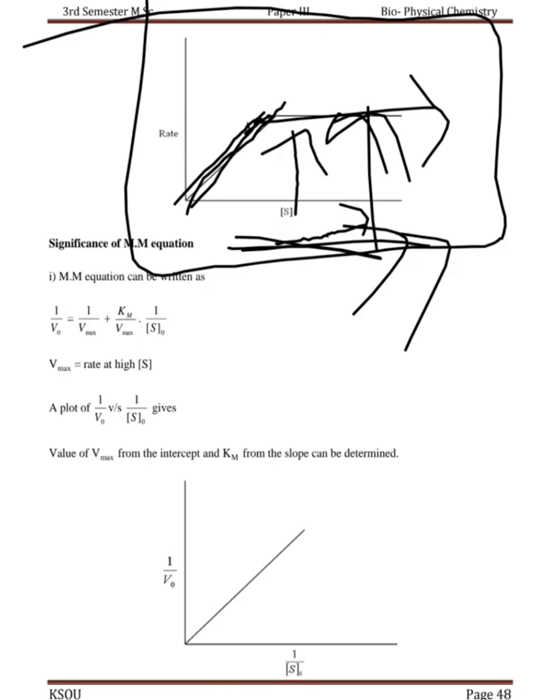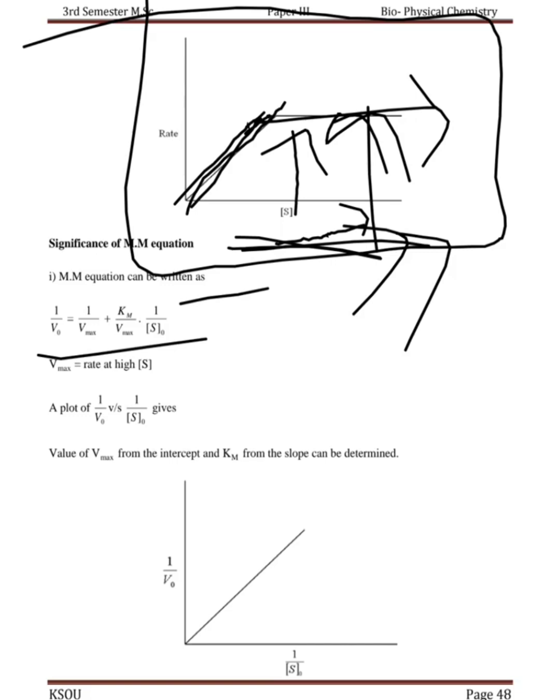The significance of the equation: the Michaelis-Menten equation can also be written in this pattern. 1 by V naught is equal to 1 by V max plus Km by V max into 1 by S naught.